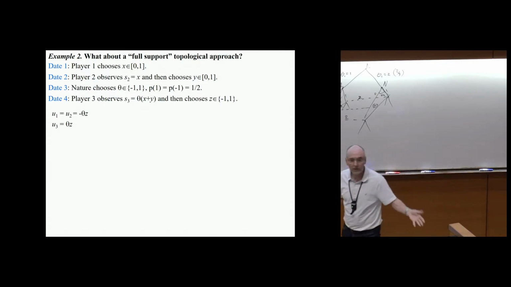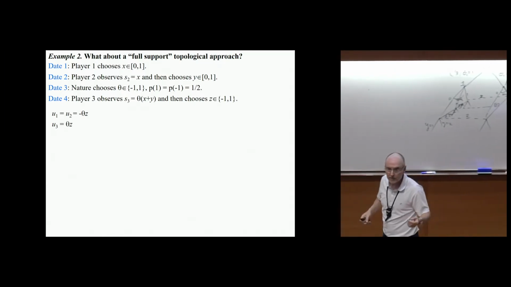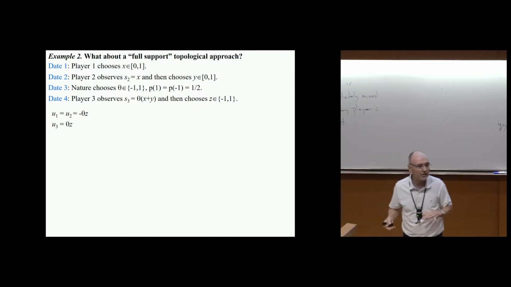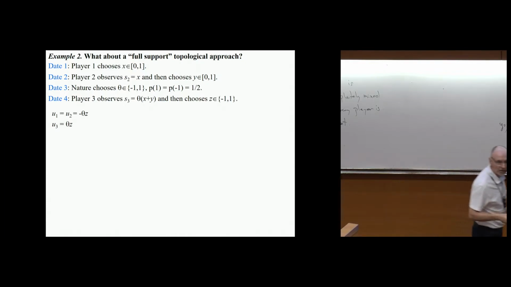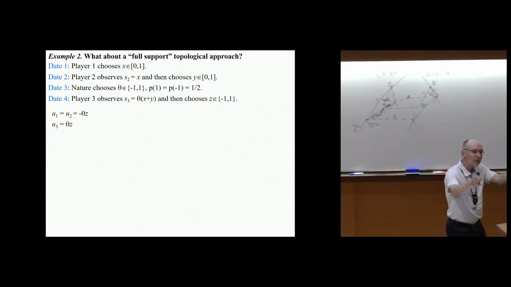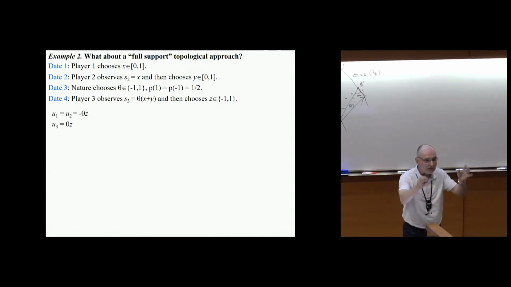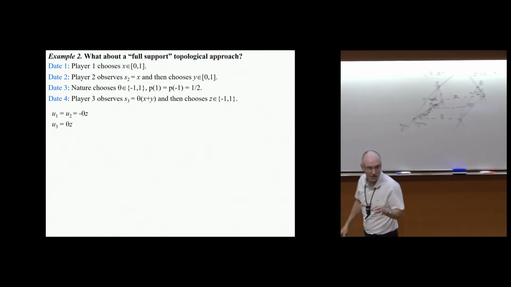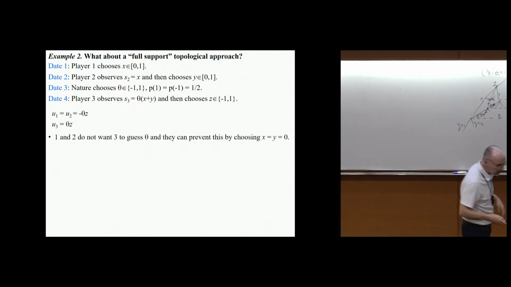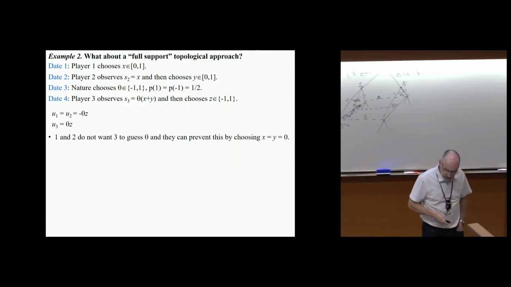But of course, player 3 has the opposite preferences. She would like to coordinate with nature, she would like z to be equal to theta, to get a payoff of +1 rather than -1. So we would like to conspire, if we could, to make sure that player 3 cannot match nature. Player 3 would like to match nature if she can. Good. That's what this says.